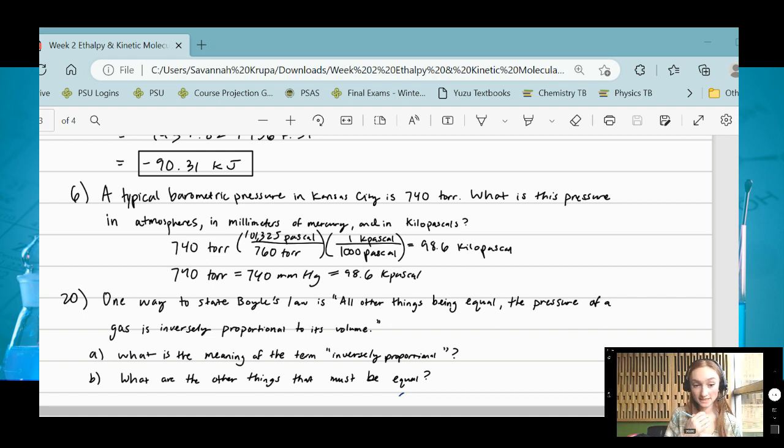For torr to pascal, I think it's the most complicated conversion of all the pressures. For every 760 torr, we have 101,325 pascals.